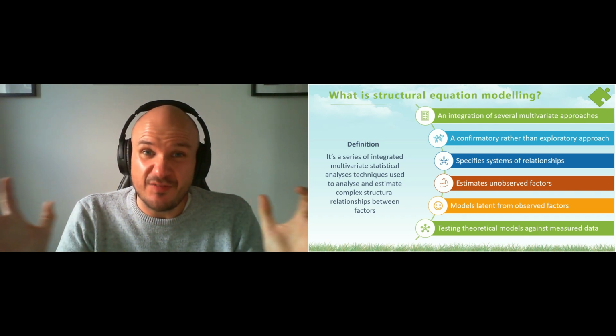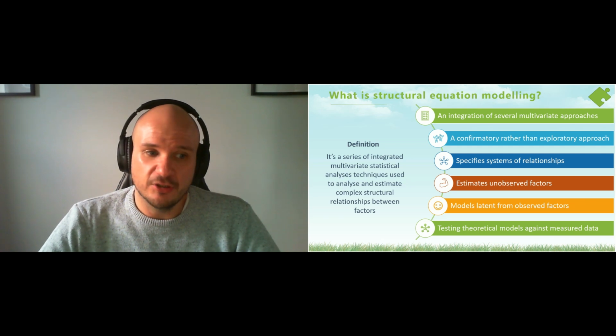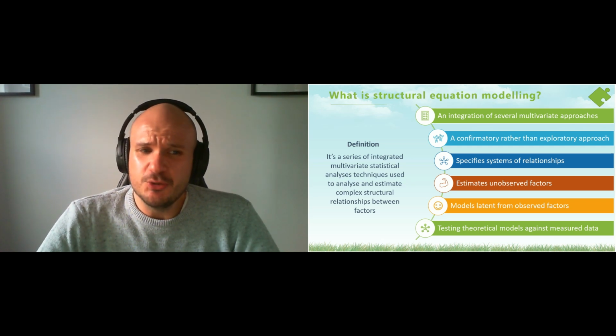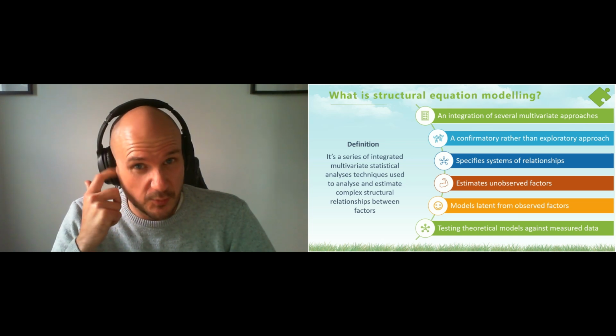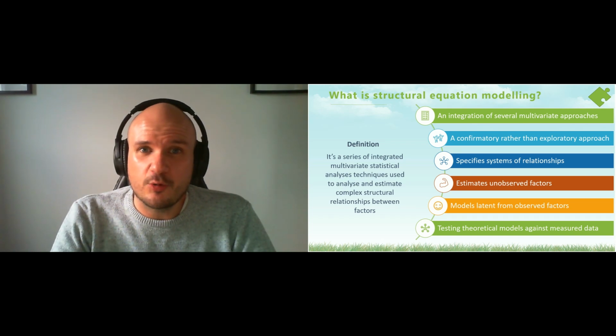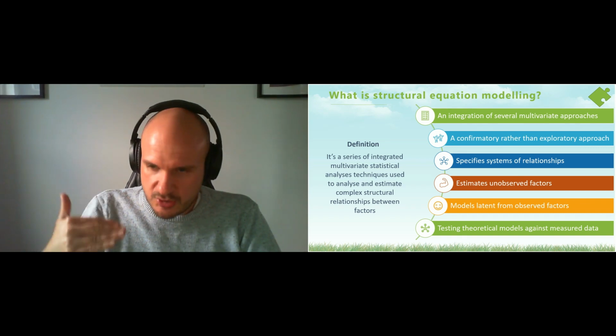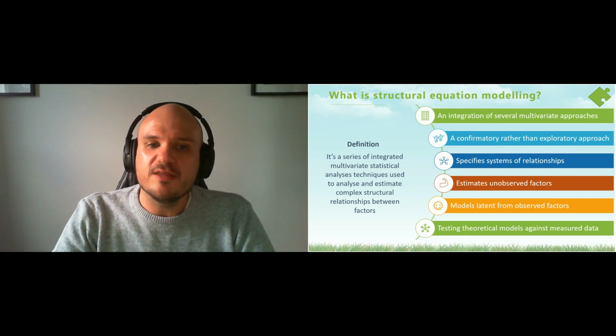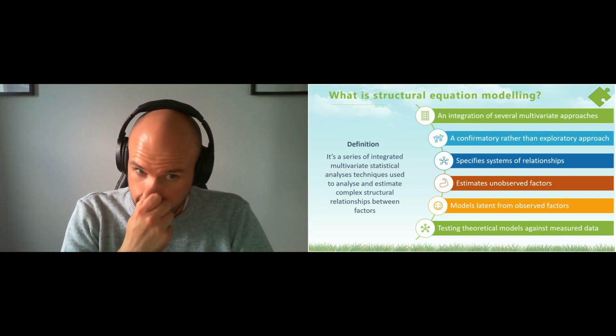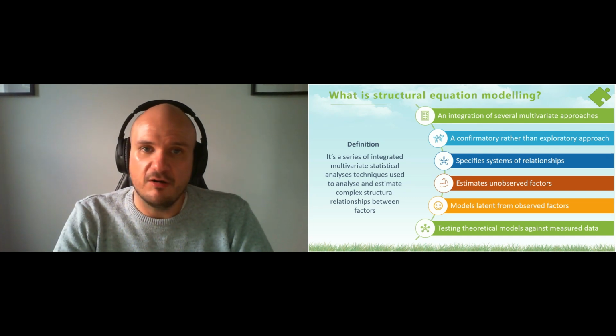It's a series of different types of multivariate statistical techniques that we utilize to analyze and estimate very complex multiple relationships between factors. Unlike normal regressions, where we have factor one, then add the next factor into our regression equation and so on, we look at all of these relationships together. So it's an integration of different approaches.